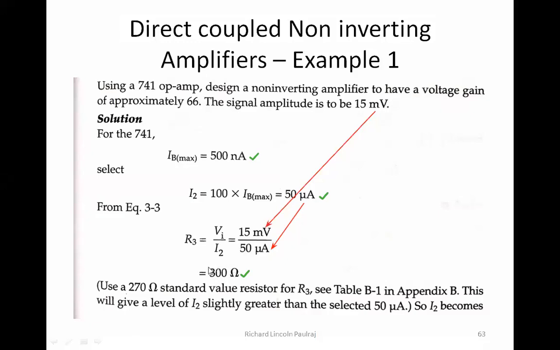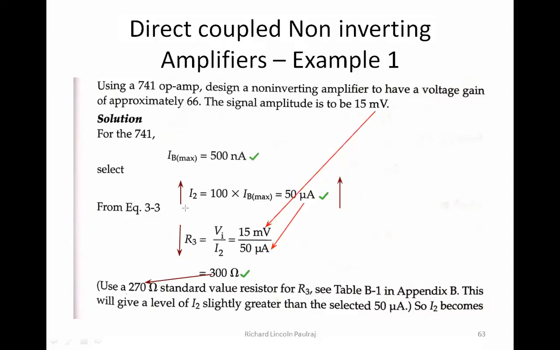Now, instead of this 300 ohms, if I replace this 300 with 270 ohms, by doing that my resistance goes down, isn't it? Since this resistance goes down, what is going to happen to I2? It'll increase. Very good. So I2 will surely increase. So which means we are going to get a slightly higher value than 50 microamps, right?